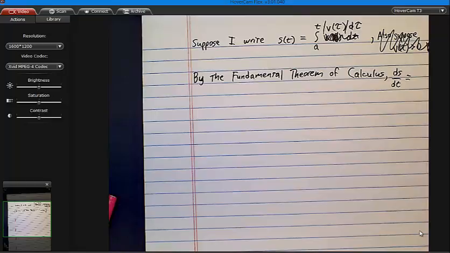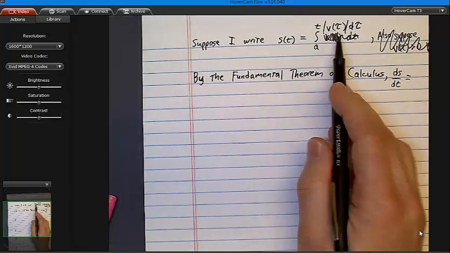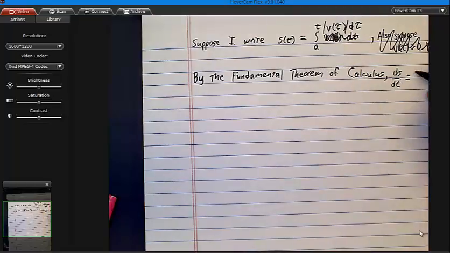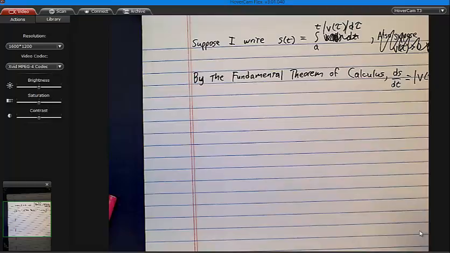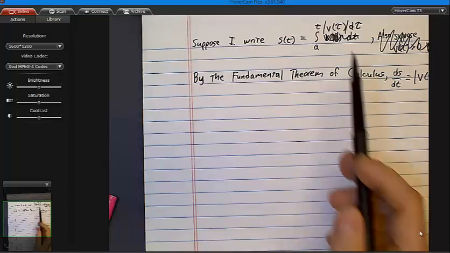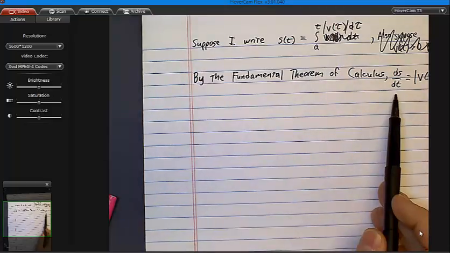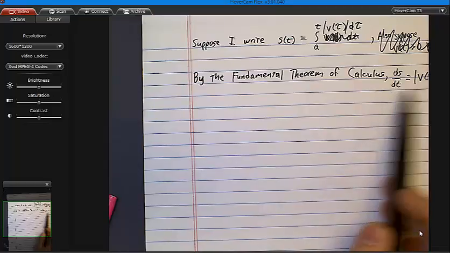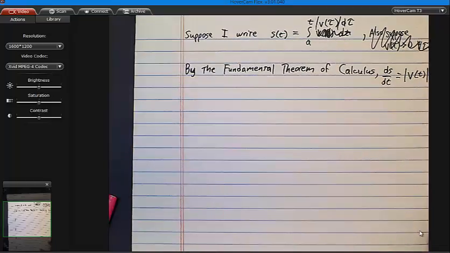S prime of t has to equal v of t? Basically, yeah. And we decided we need absolute value bars. I agree. Okay. Absolute value of v of t. You just replace the tau with a t. Remember, the derivative of the integral is just whatever you were integrating. That's basically what it says. The fundamental theorem of calculus was this idea that we can undo each other, in a sense. That somehow the rate of change of this function is what you're integrating.